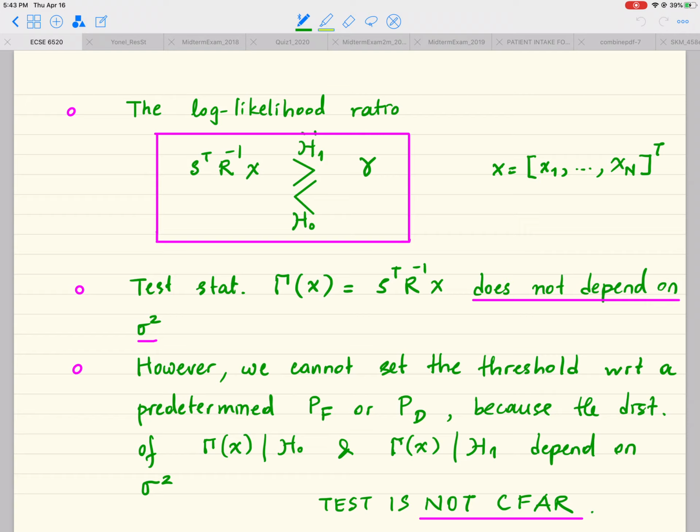So we have S transpose R inverse X. Here R inverse X is a pre-whitening transformation on X, and then the pre-whitened measurements are matched to S. Okay, so this is the test function for the log likelihood ratio test, and we compare that with a threshold gamma.